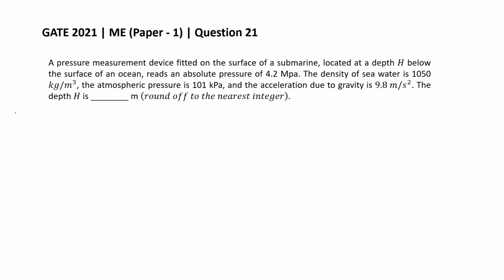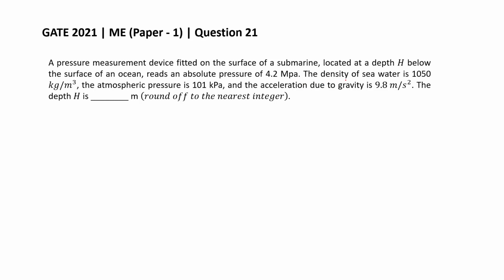This is a question from GATE 2021, set 1 ME. A pressure measurement device fitted on the surface of a submarine located at a depth h below the surface of an ocean reads an absolute pressure of 4.2 megapascal.